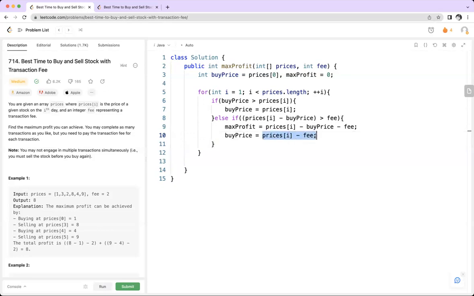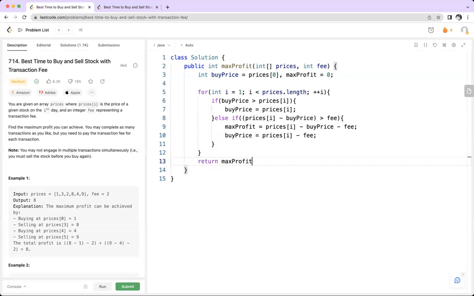If some later stock price is less than this value, prices of i minus fee, then only we are going to buy, and this thing will be executed again, and this is how we'll be returning the max profit.